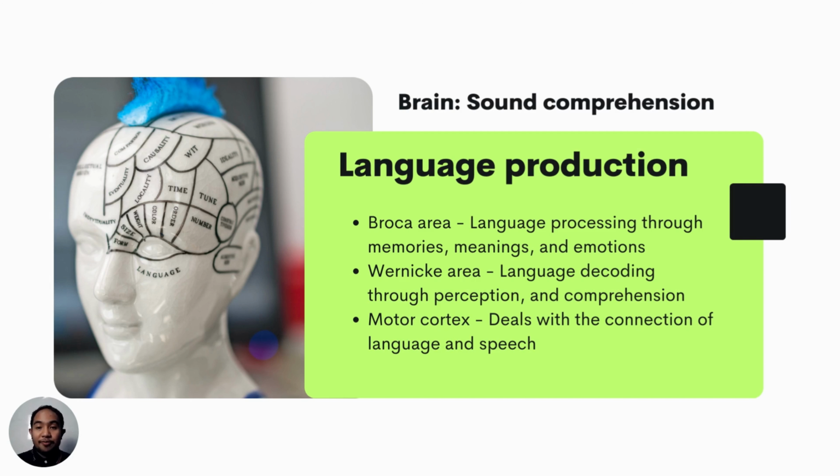In the left hemisphere, the Broca area and the Wernicke area are pivotal for language and speech. The Broca area, situated in the frontal lobe, plays a critical role in language processing and even shows increased activity when anticipating grammatical errors.